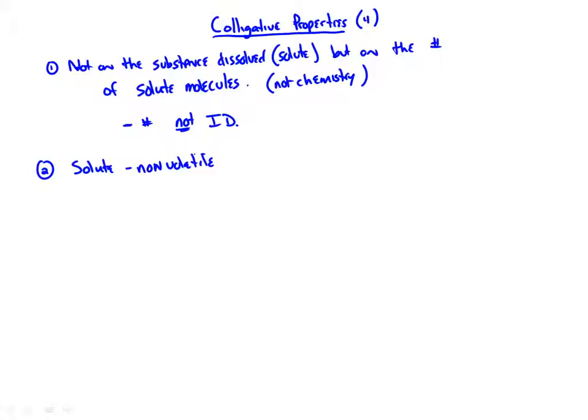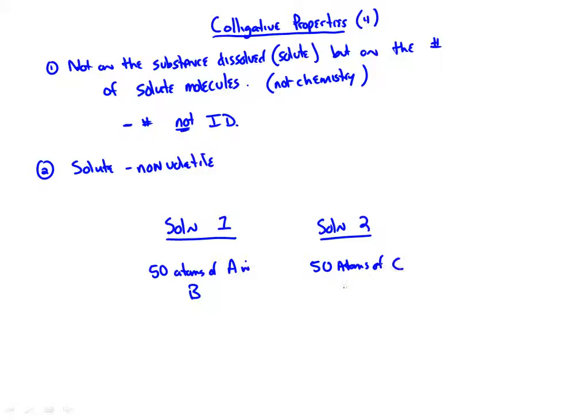So for instance, if I have solution A, which has, say, 50 atoms of A in B, and if I have a second solution, we'll call them solution 1 and 2 since we're using letters, and I have 50 atoms of C in B, it means that these 2 solutions are equivalent, meaning they're going to have the same colligative properties.